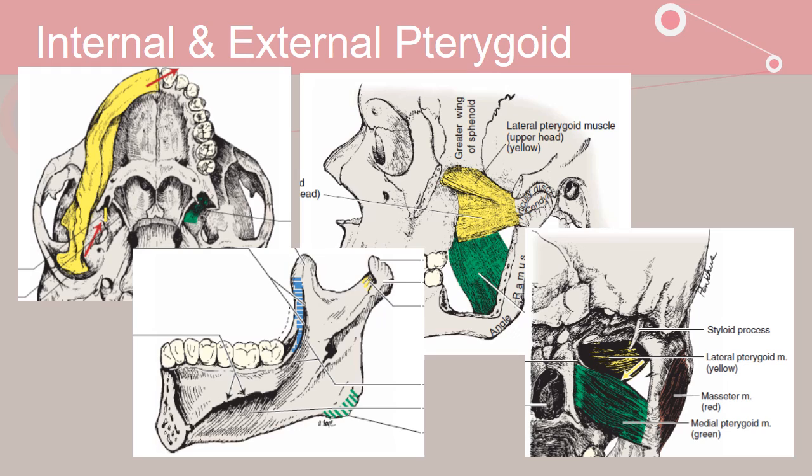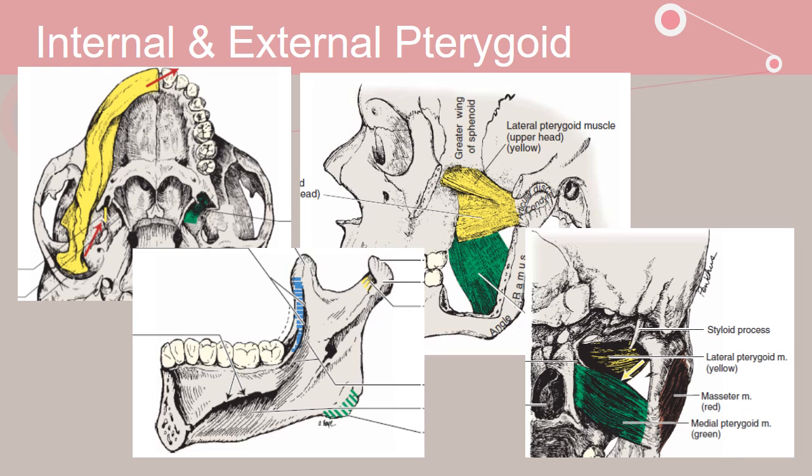When only one lateral pterygoid contracts, it pulls the condyle on that side toward the midline and anteriorly, moving the body of the mandible toward the opposite side. For example, if the right lateral pterygoid contracts, it draws the right condyle medially or to the left and forward, causing the mandible to move toward the left side. This is what we refer to as left lateral excursion.